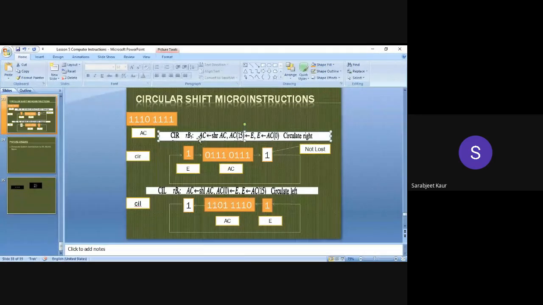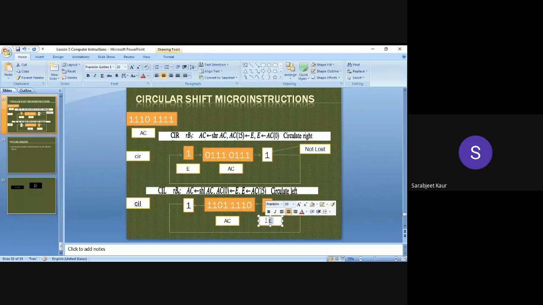Now CIL, the concept remains the same, that means nothing is lost. Instead, there is a circular pattern in which these bits revolve. If this is the value of AC, then this one will be shifted to E, but to make place for it, the value which is there in E is first shifted to AC 0.